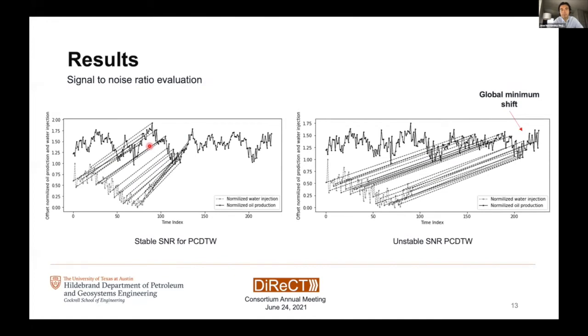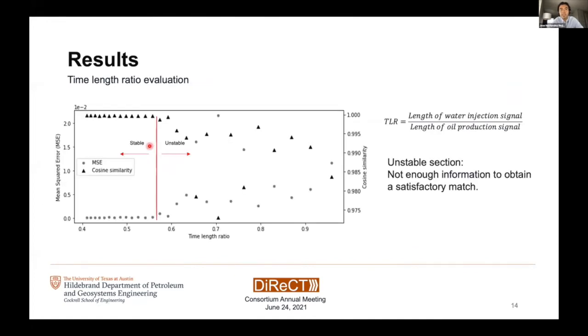We also evaluate the time length ratio. In this case, we are evaluating how long our signal needs to be so we can find a representative match between the two signals. We also find that at some point the method becomes unstable, because there is not enough information to obtain a satisfactory match in the future.